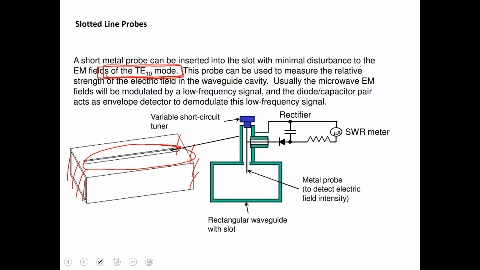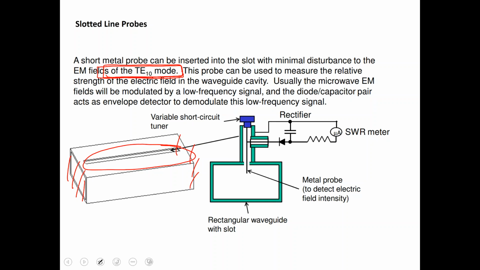These slots, put in the proper places for a specific mode, can allow us to excite that mode or get energy out of that mode and measure the resonances of that mode. So when we come back to the resonators, I'll come back to this point again. But I wanted to show it to you today because we were doing the TE field distributions.